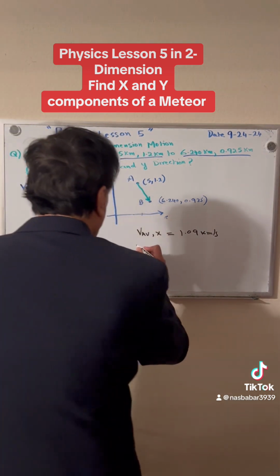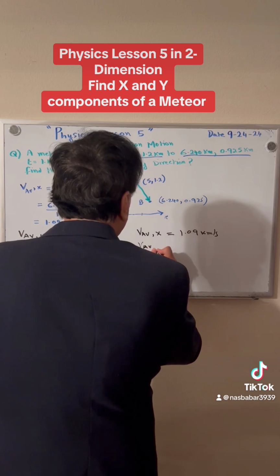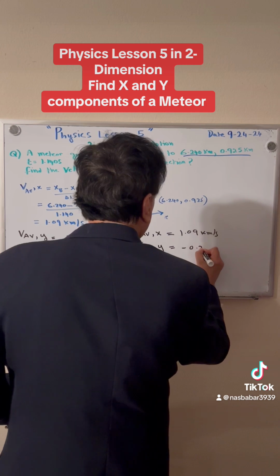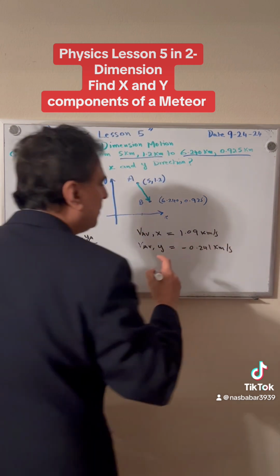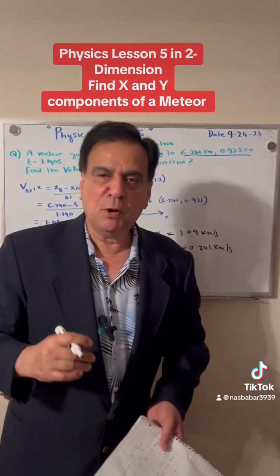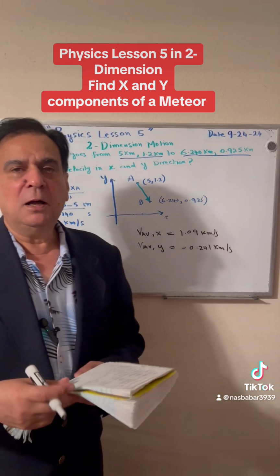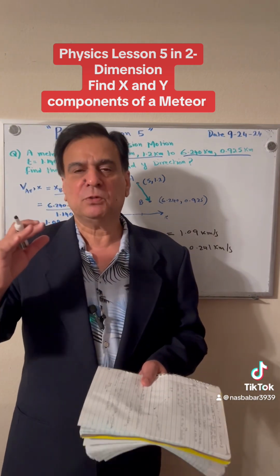Now, v average for y is equal to negative 0.241 kilometers per second. A lot of students get confused about the negative signs, but I'm going to try to explain, and I hope that you will understand because the concept is real simple.